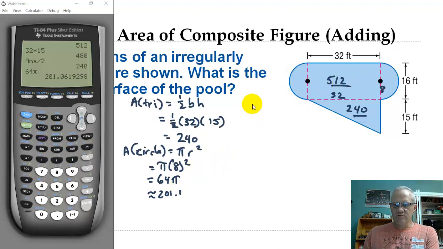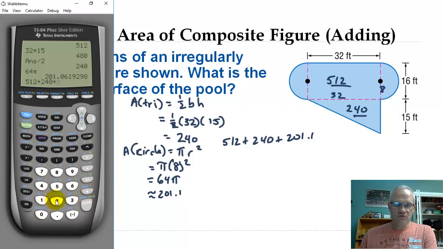All we do to finish this out is add 512 plus 240 plus 201.1. We probably could have just made that 201 and been happy with that.